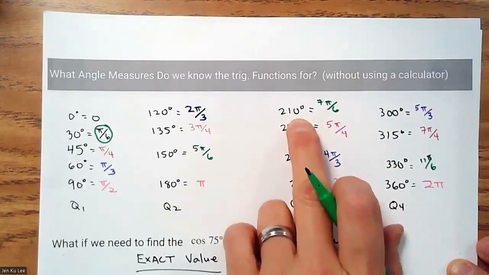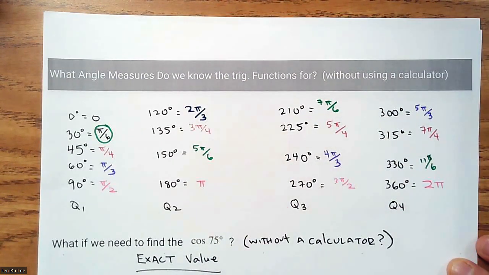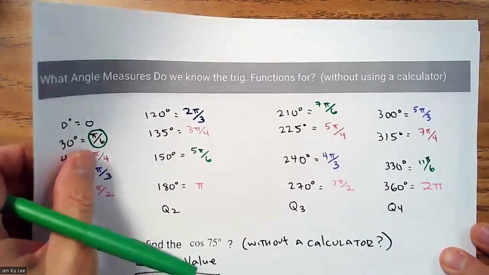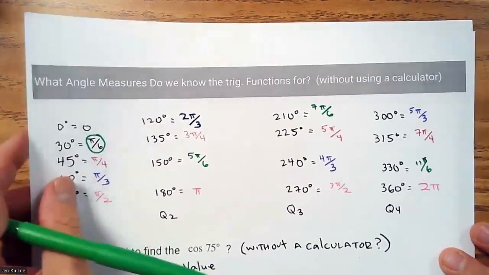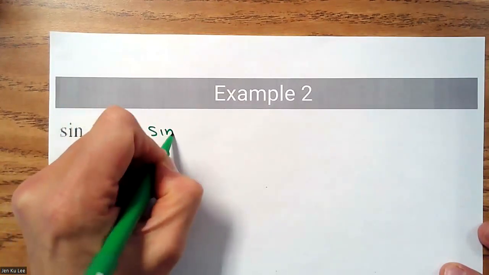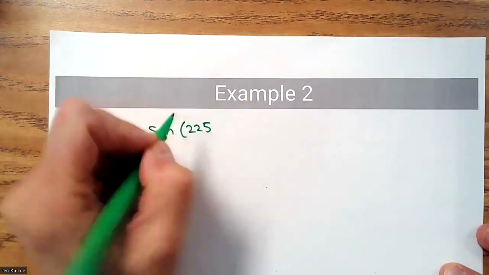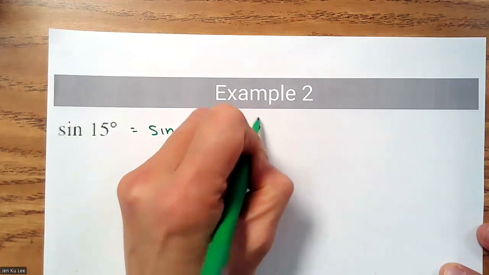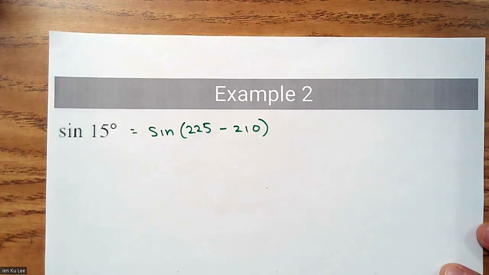I'm going to do 225 and 210, because that is 15 still. I want to show you that it doesn't matter which one you use. So the sine of 225 minus 210, that's 15.